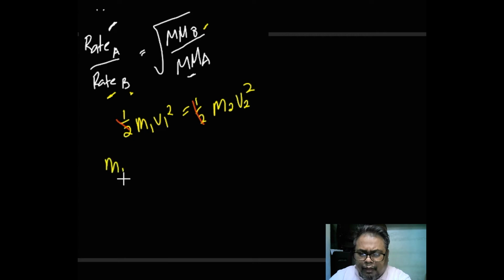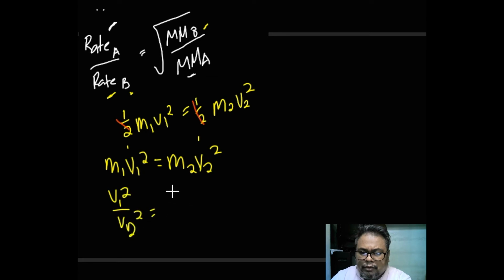So we now have m sub 1 v sub 1 squared is equal to m sub 2 v sub 2 squared. Now we want to isolate the velocity or the speed. So it becomes v1 squared over v2 squared is equal to m2 over m1.